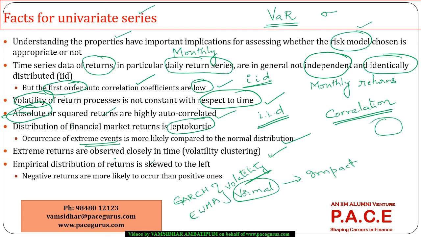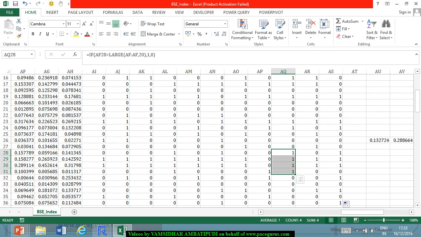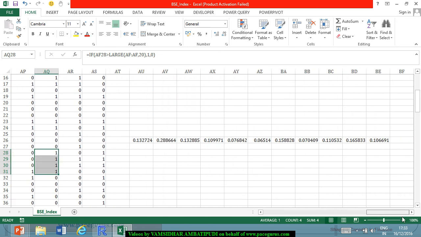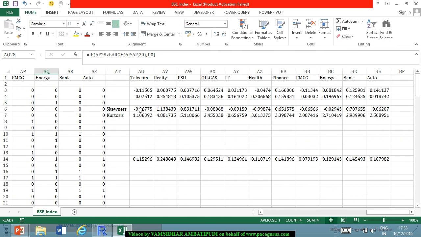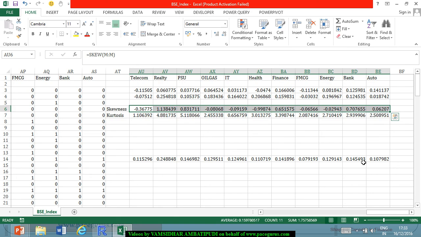And one more important point regarding the univariate time series data is that it is found that the empirical distribution of the returns is skewed to the left. To a large extent, for a good number of stocks, we have seen that the skewness value is negative, but again for a few sectors we have seen that the skewness is positive as well.